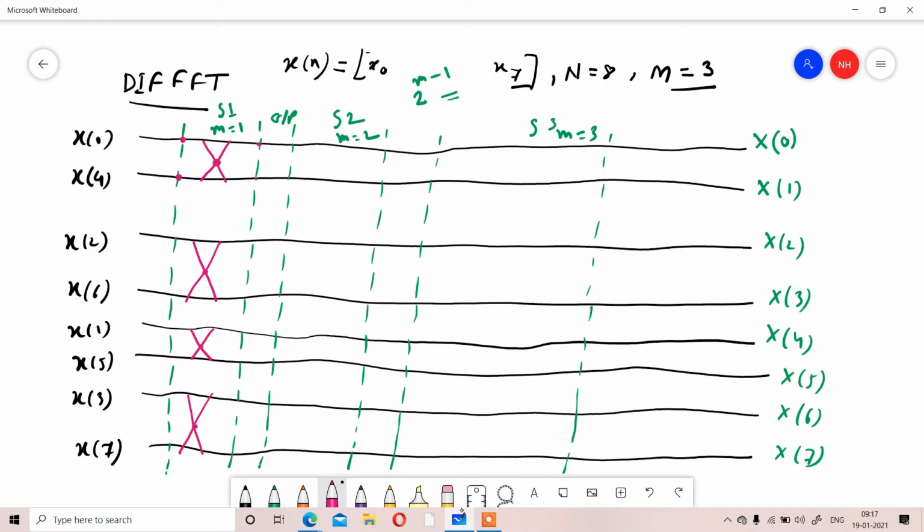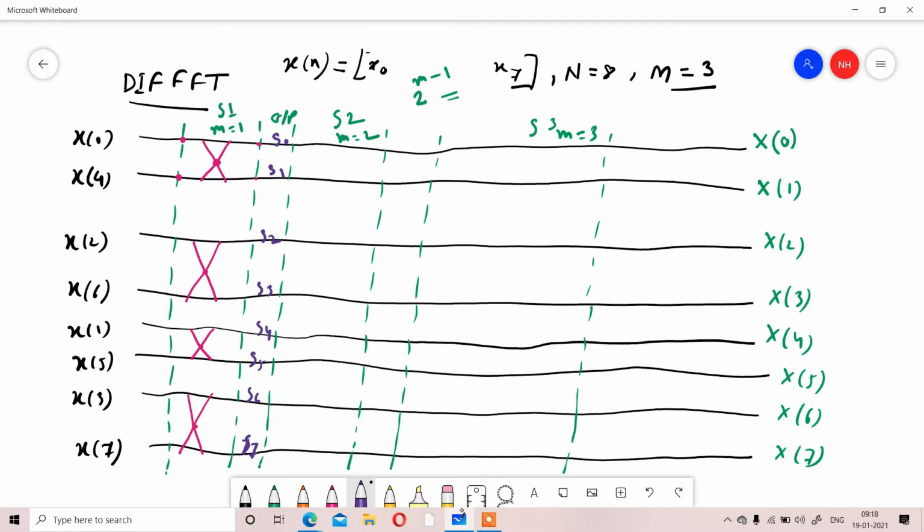And with respect to the 4 butterflies, you will get outputs, suppose as S0, S1, S2, S3, S4, S5, S6, S7. Total 8 outputs you will get considering the 4 butterflies in stage 1.